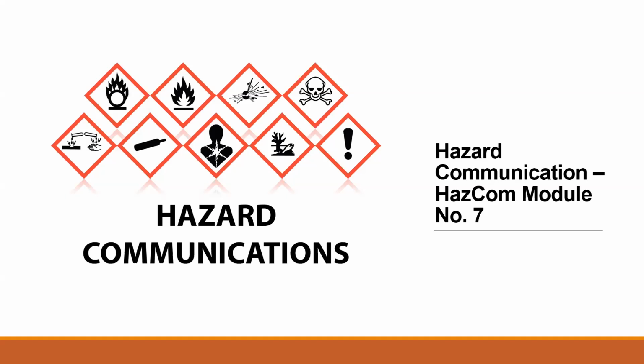So it's not like that. Hazard communication is basically related to hazardous material. When we say hazardous material, we mean anything which can cause harm to human health. And most of the time when we have hazard communication, we use it for chemicals.